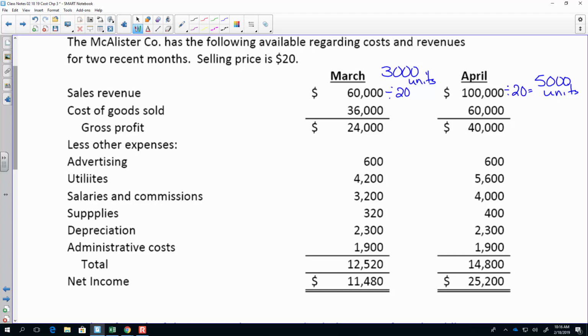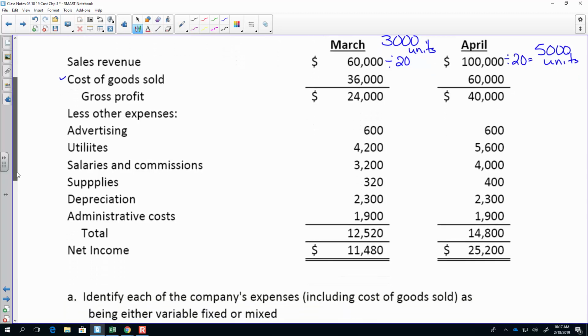Looking at the costs, this actually was a test problem back in the old days before this textbook. Starting with cost of goods sold, which ones are fixed? Is cost of goods sold fixed? No, because it changes between the 2 columns. Is advertising fixed?